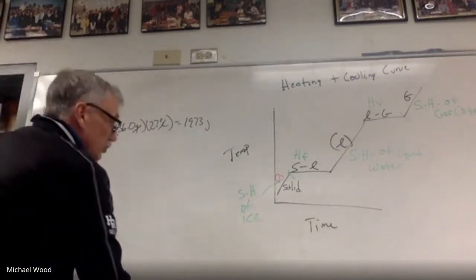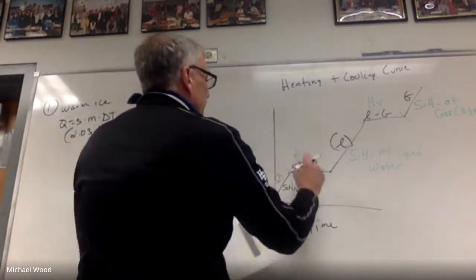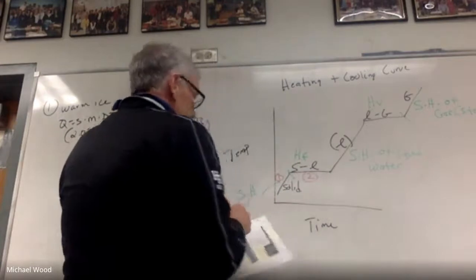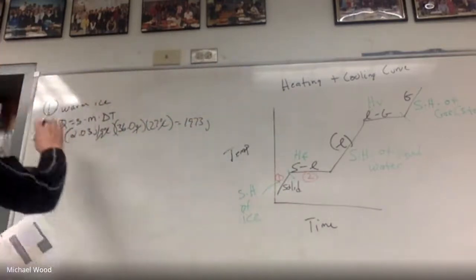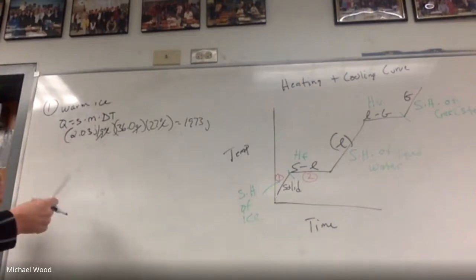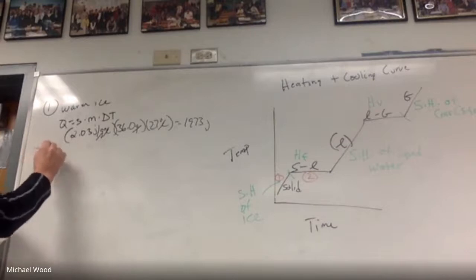Okay, step 2 is going to be here, and this is where you have to be given the heat of fusion. Step 2 is going to be to melt the ice. Step 1 was to get the ice from negative 27 to 0. Step 2 is to melt the ice.